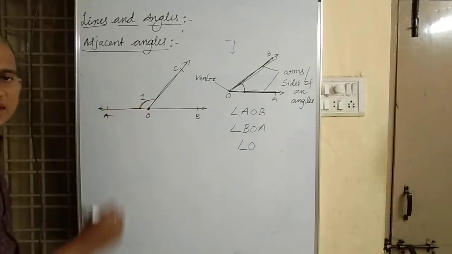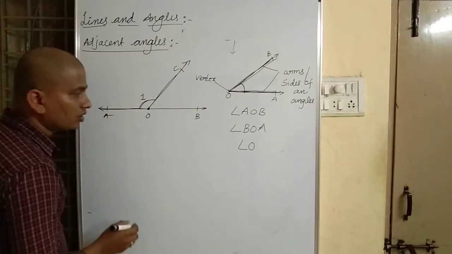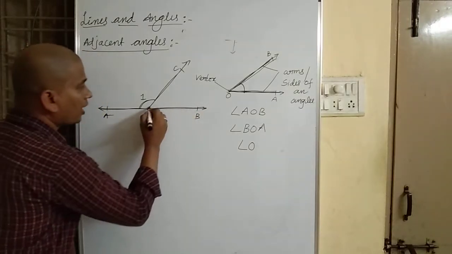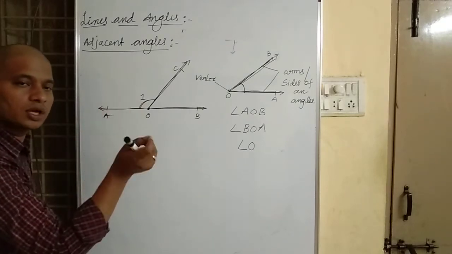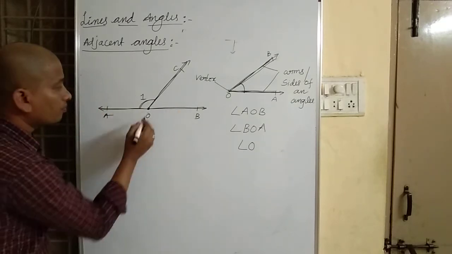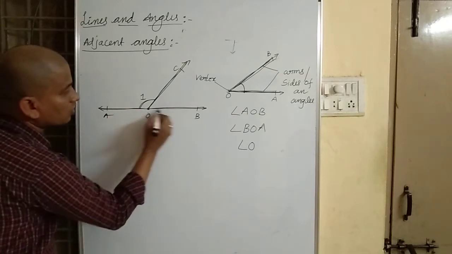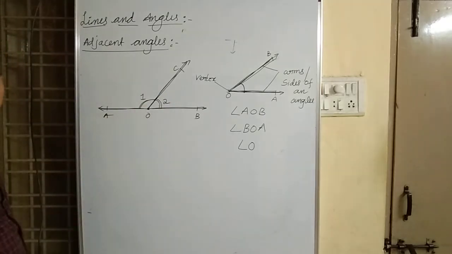Let's suppose that is angle 1. Coming to the second angle, OB is another ray and OC is another ray. Again we have two rays, and they also meet at this point, so one more angle is formed, that is angle 2.